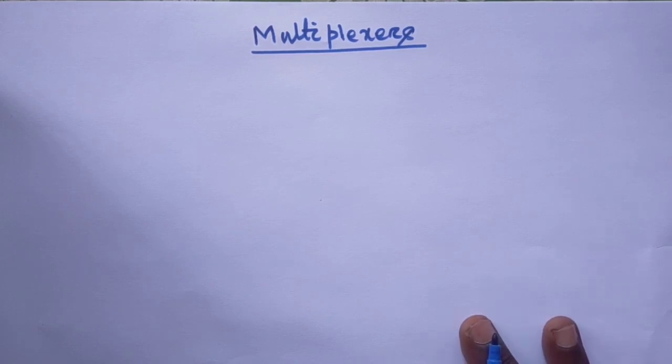If we compare to an encoder, what happens? We can also consider 2 to the power n inputs, but we will get n outputs. I also mentioned this in previous lectures.